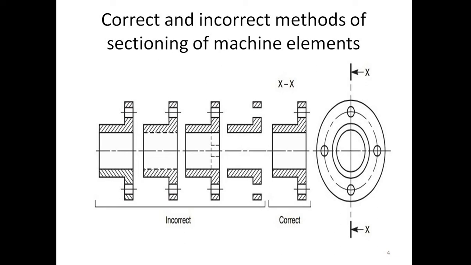So there are some correct and incorrect methods of sectioning of a machine element, but the design engineer must know the conventional representation of drawing for clarity of drawing, for understanding, and for clear visibility of the drawing for manufacturing purpose, quality purpose, and any other department purpose, because it is a working drawing we are giving to the supplier.